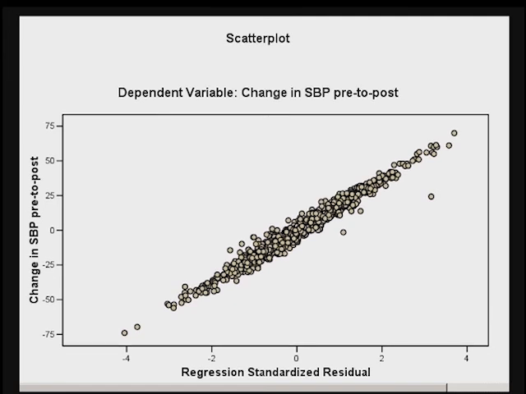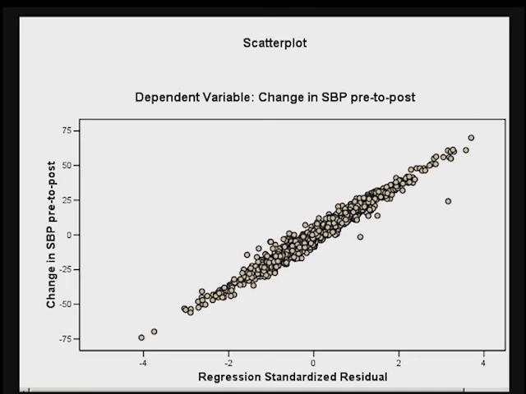So given these two pieces of information, I'm pretty confident that we can move on and use the results from the regression analysis to help us make some decisions about whether weight and systolic blood pressure are associated.